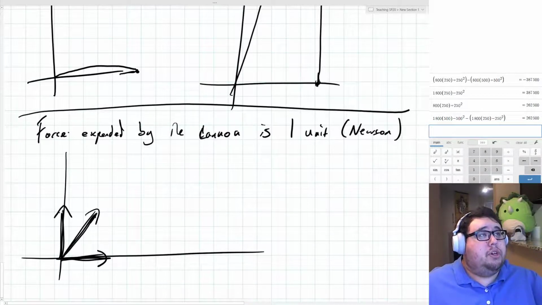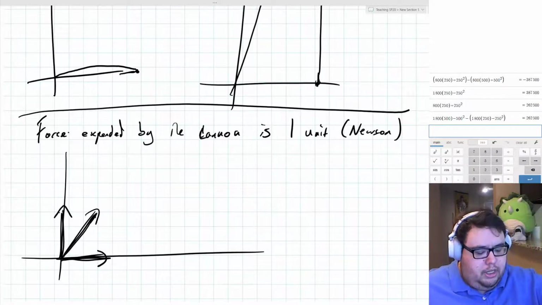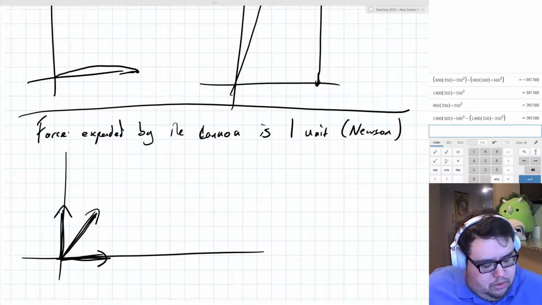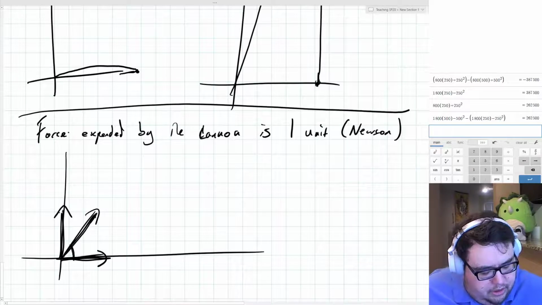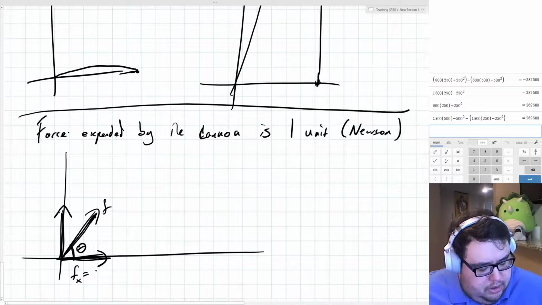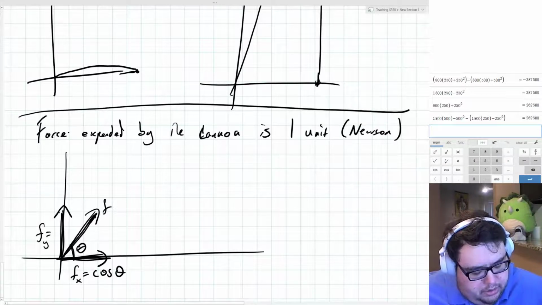When we deal with a force at an angle, we typically want to separate it into two component forces, a vertical force and a horizontal force, right? So based on this angle theta, this is F, then of course F sub x will be cosine of theta, and F sub y will be sine of theta.